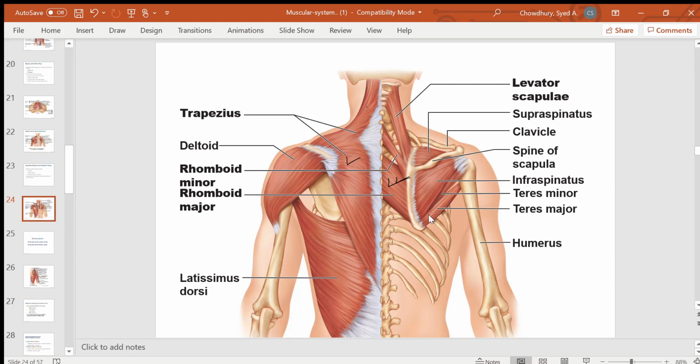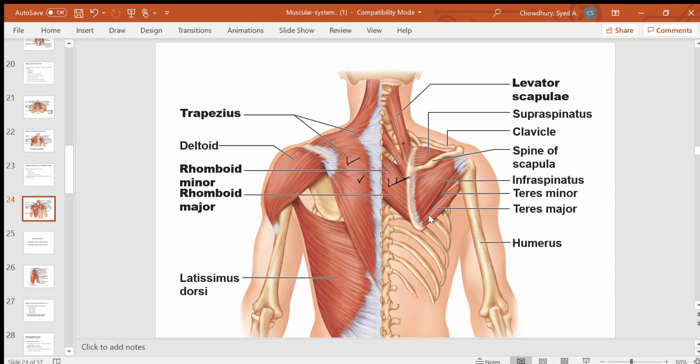So let's first see the superficial muscles. The largest muscle in the back is the trapezius. It is a kite-shaped muscle. You see one half on this side, a similar half on the other side, but on this side they have removed it.